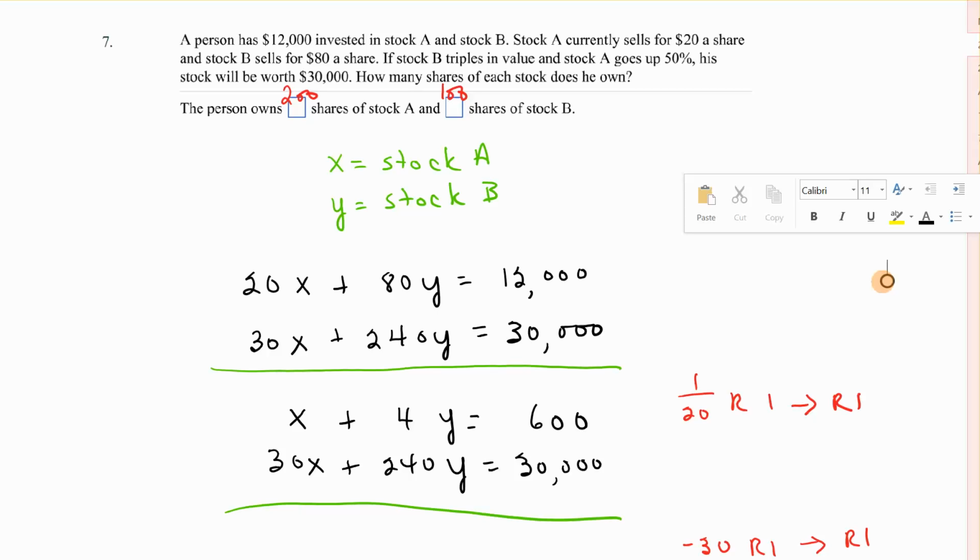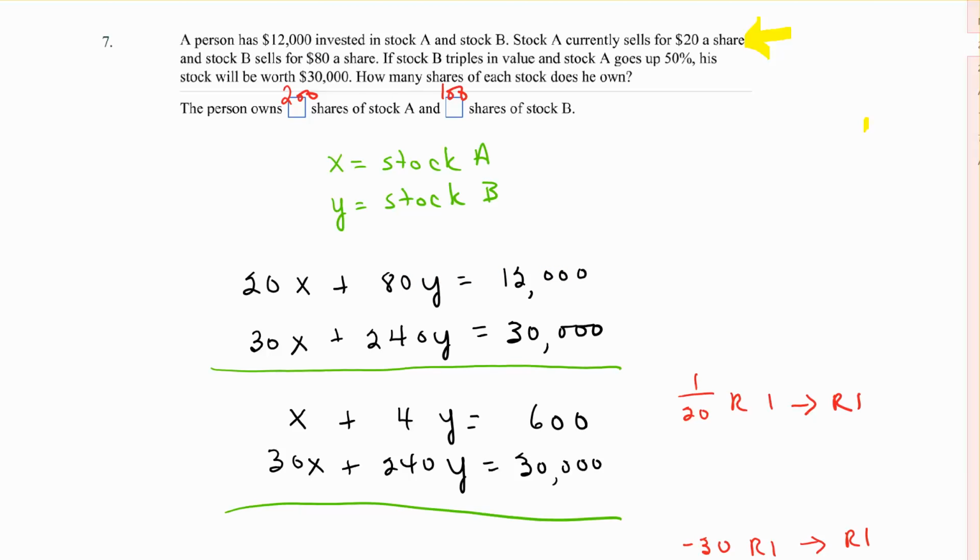All right, so first always list what your variables are going to represent. And so we're going to have X is stock A and Y is stock B. So in this statement here, it says $20 a share for A and B is 80. So 20X plus 80Y is going to equal his 12,000.